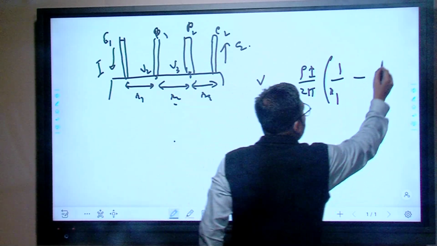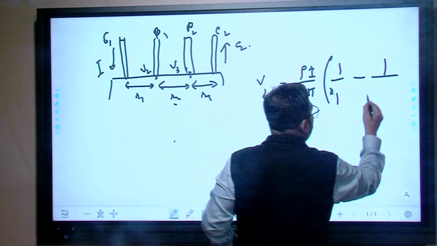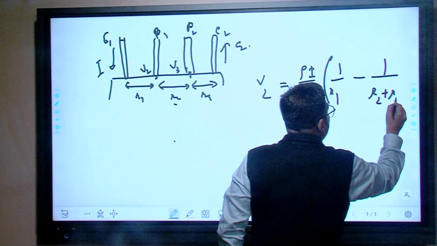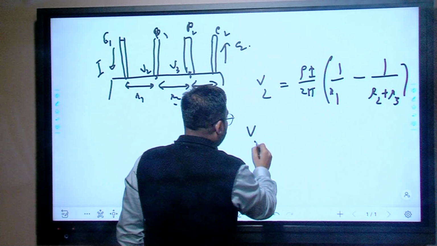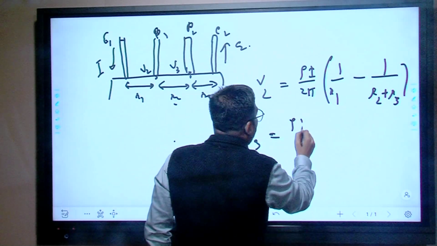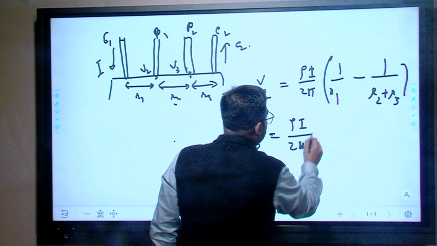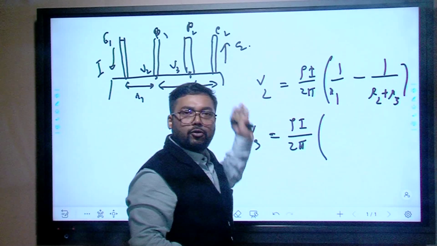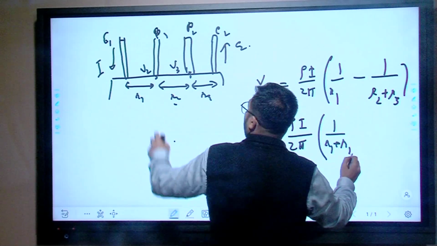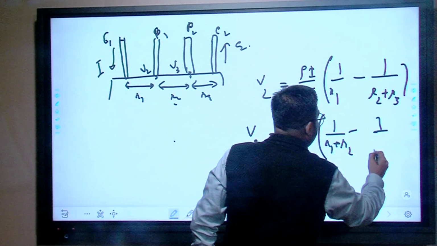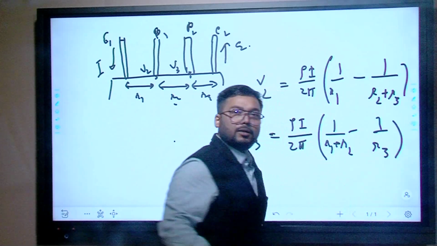Now V3 similarly is rho I by 2 pi, times 1 by R1 plus R2 minus 1 by R3.